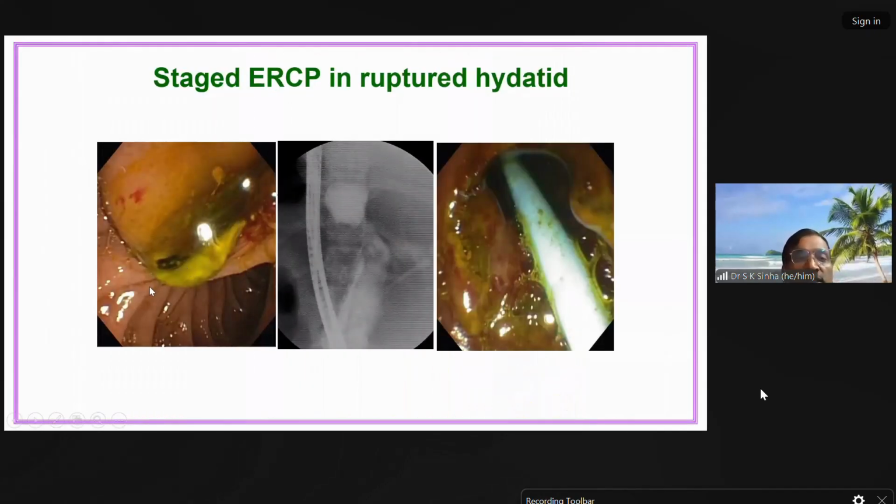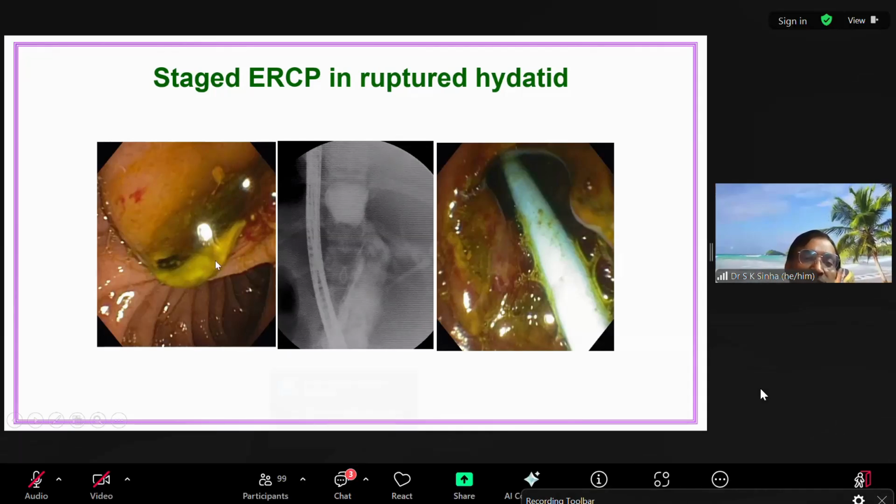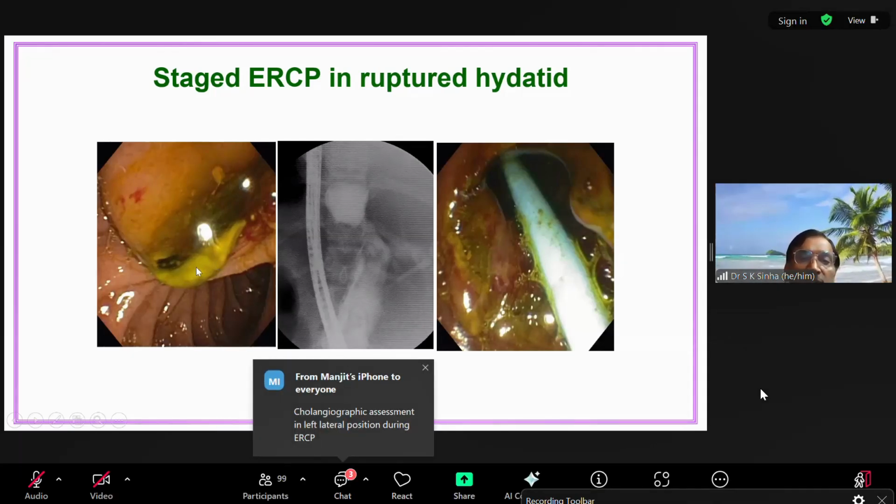Another patient: if you see membrane lying at the papilla, sometimes when you are doing endoscopy or ERCP, you see something like that. Upfront you will suspect that the papilla is bulky, and then you see something hanging. So this is membrane. And on ERCP, the grossly dilated duct with irregular filling defects and a large cavity filled up.